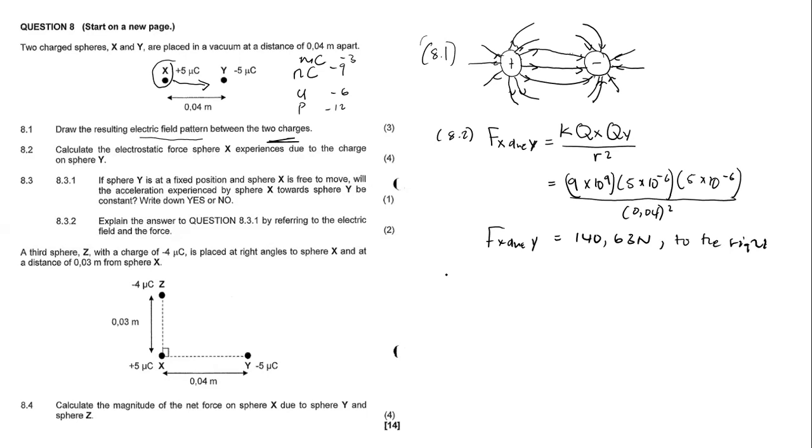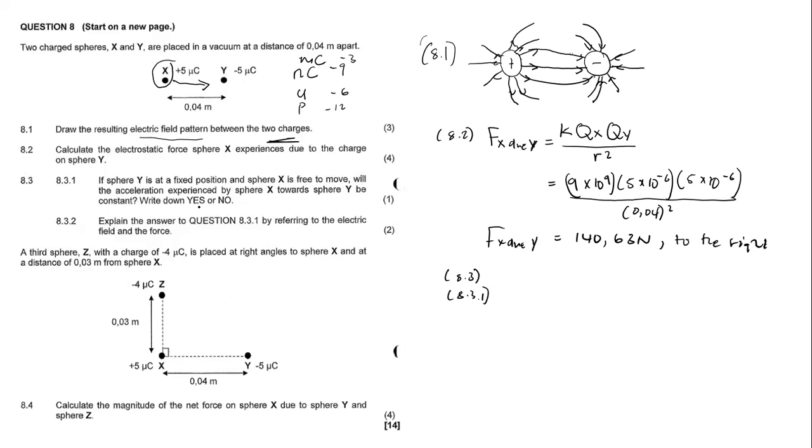Now we move to 8.3, which is 8.3.1. But let us read 8.3 first. They say to us, if sphere Y is at a fixed position, meaning sphere Y is not moving at all, and sphere X is free to move, will the acceleration experienced by sphere X towards sphere Y be constant?